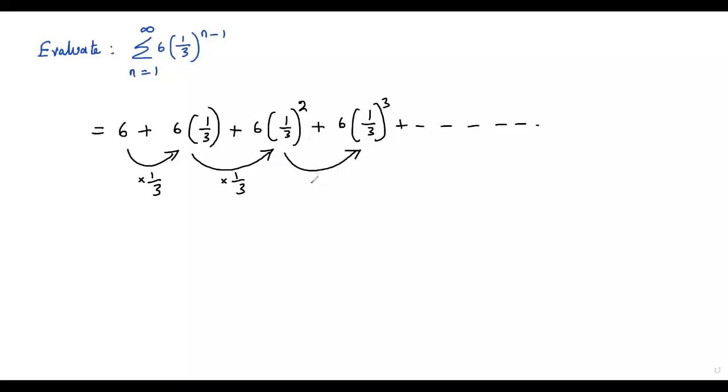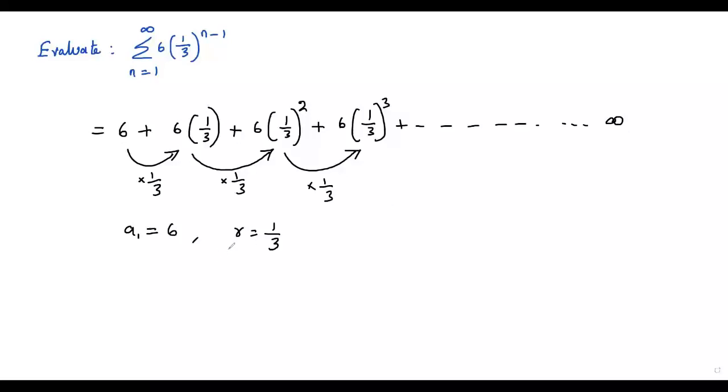Clearly, it's a geometric series, because each term is multiplied by a constant value to generate the next term. It has first term a1 equals 6 and common ratio 1/3, the number by which we multiply each term to get the next. So this is an infinite geometric series.